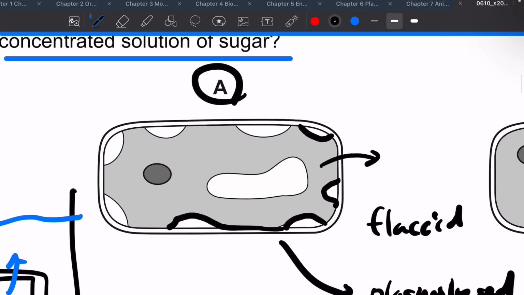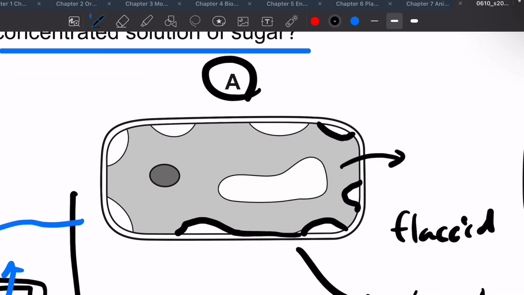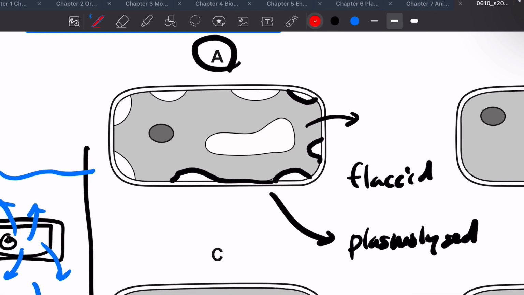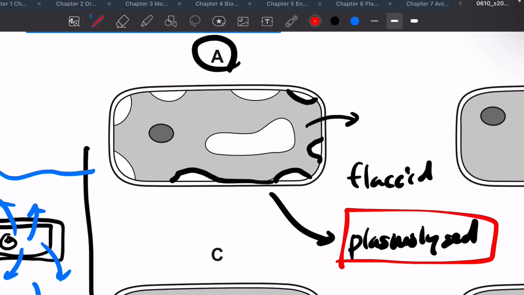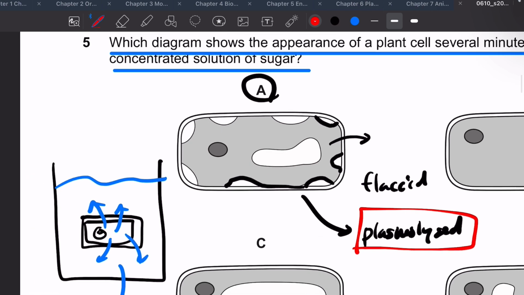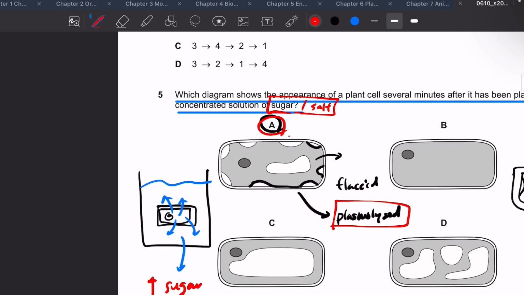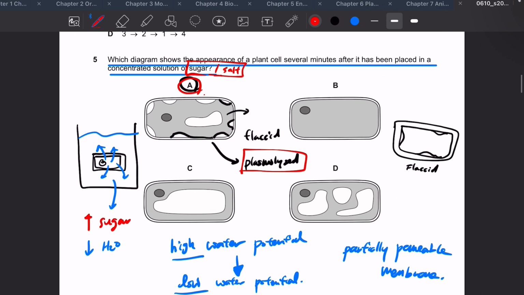But if many parts of the membrane become shrunk or move towards the center, then it's called plasmolysed. So this is plasmolysed. This happens when plant cells are placed in a concentrated solution of sugar or salt. Okay? Anyways, for this question, the answer should be A. Cool.